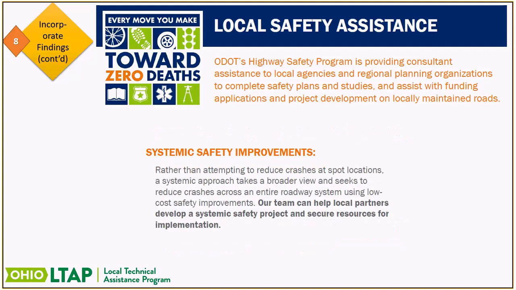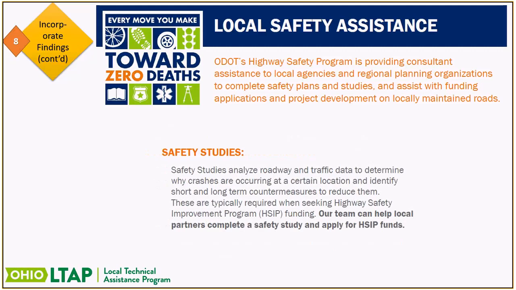They also have their systemic safety improvements. So instead of just looking at a spot or a corridor, if you want to look across your whole system, their team will actually help you do that, do the data crunching for you, and then help you with applying for the funding. So that's another way that you can look at improving safety on your roadways.